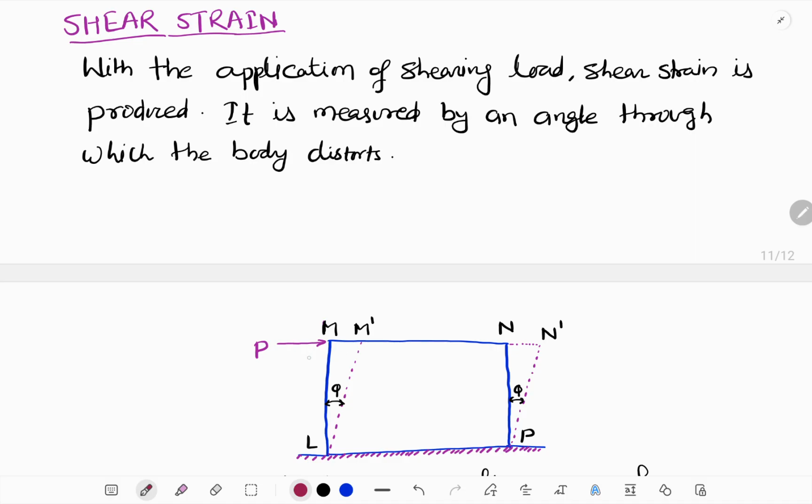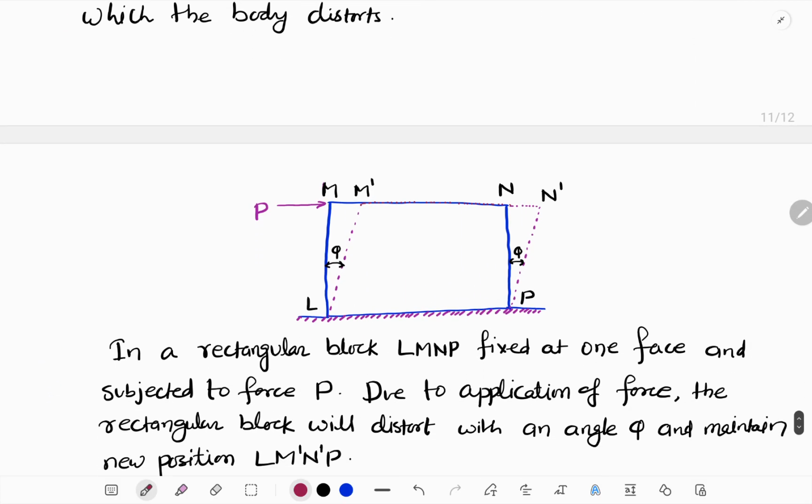Due to the application of force, as the bottom is fixed, the upper portion is going to move and make an angle phi, because distortion is happening due to the load P. It is measured by the angle through which the body distorts. It is shown with a dotted line.